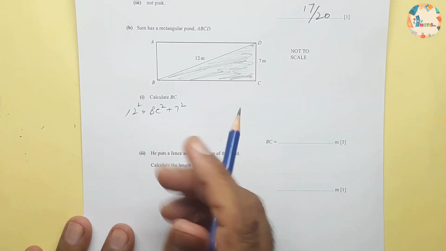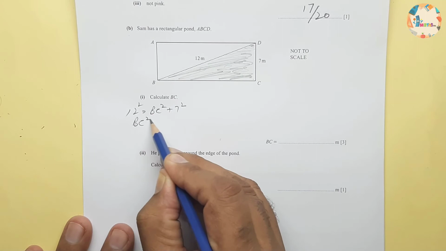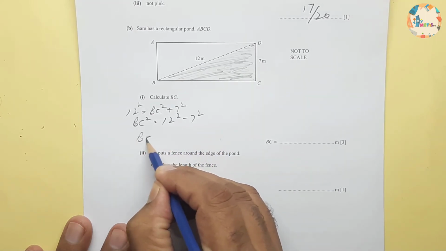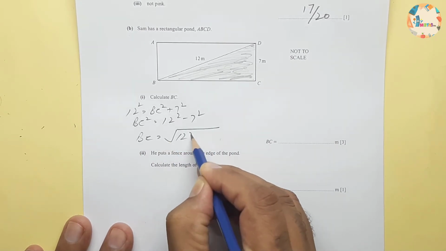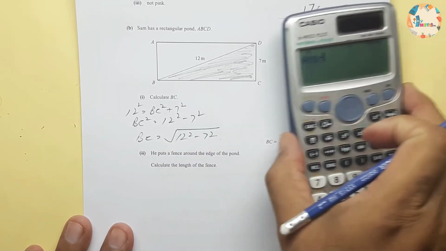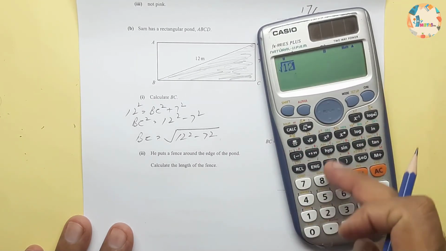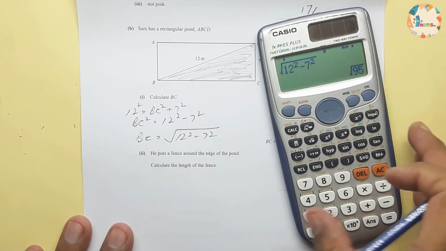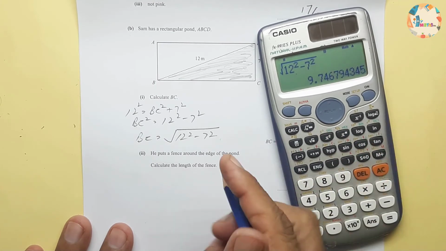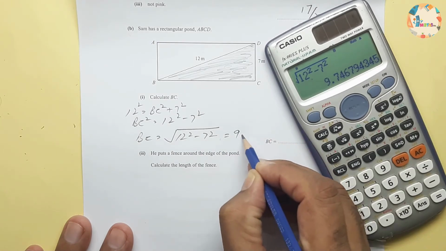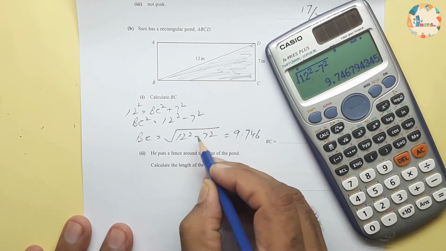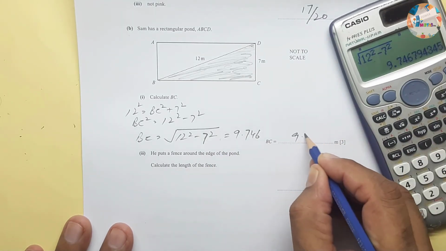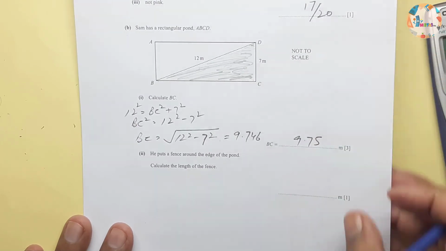This is by Pythagoras theorem, and BC squared will be equal to 12 squared minus 7 squared, and similarly BC will be equal to root of 12 squared minus 7 squared, and we can calculate this. This will be equal to 9.746, and we can write here 9.75, rounded to 3 significant figures.